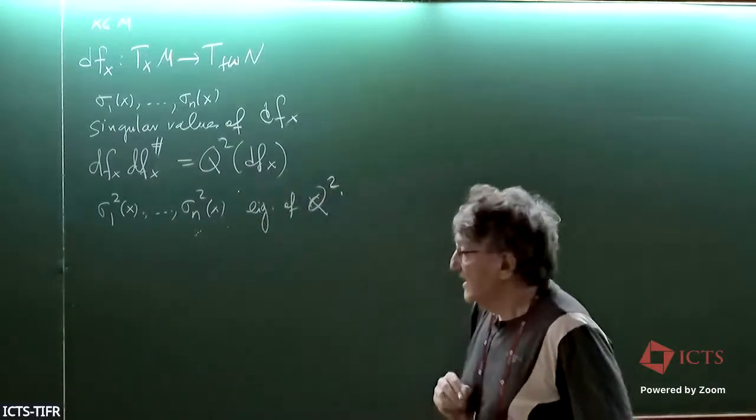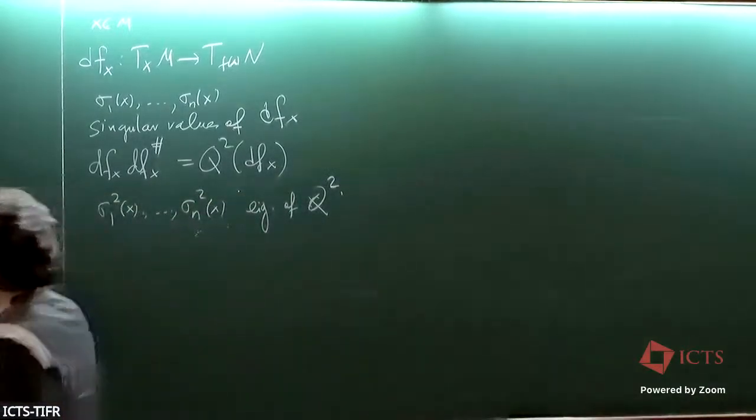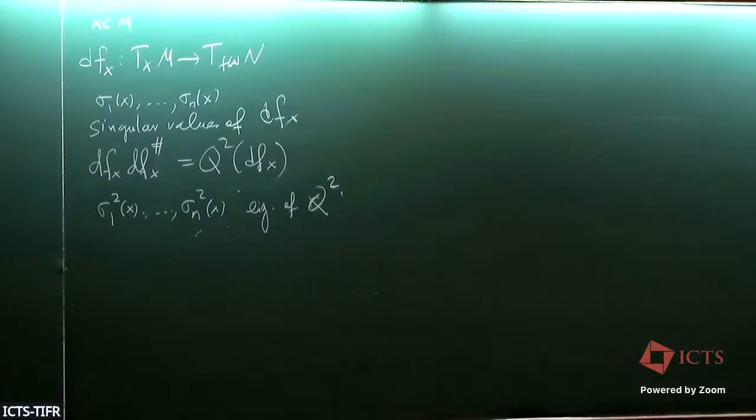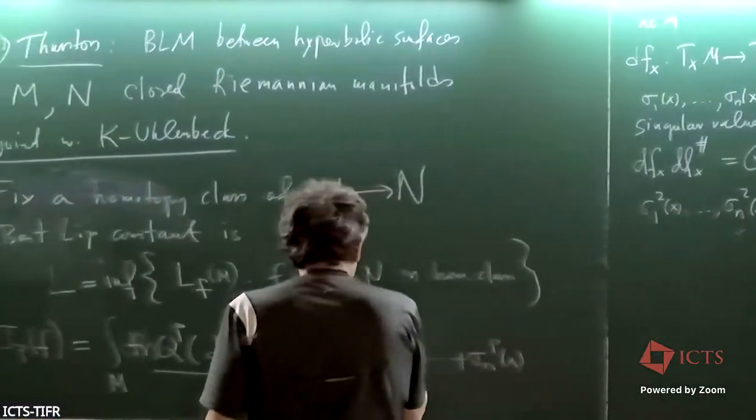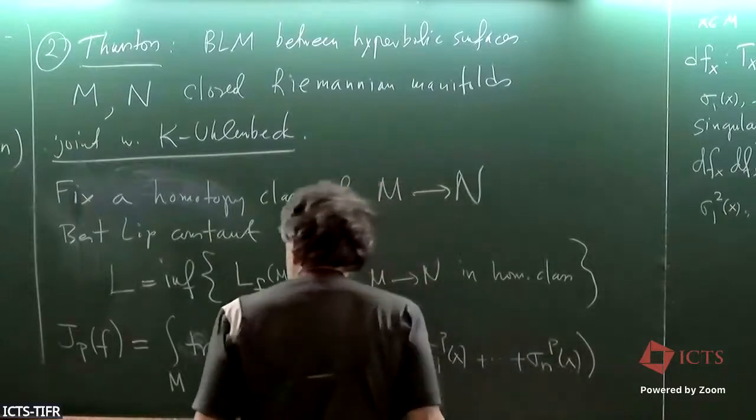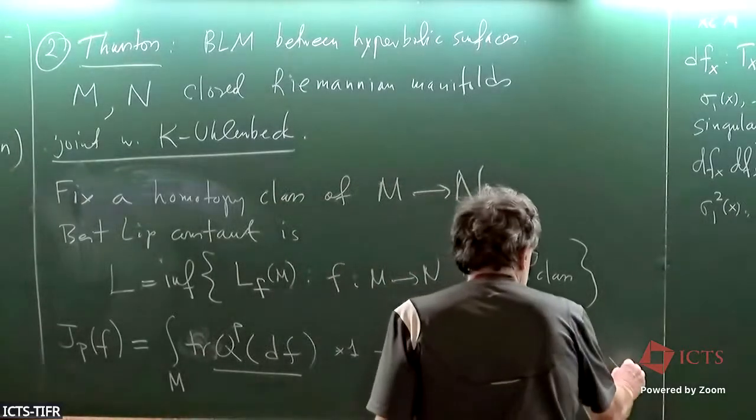And so this functional, if you take it to the power P, is really formally the integral of sigma 1 to the P of x plus through sigma n to the P of x, star 1.